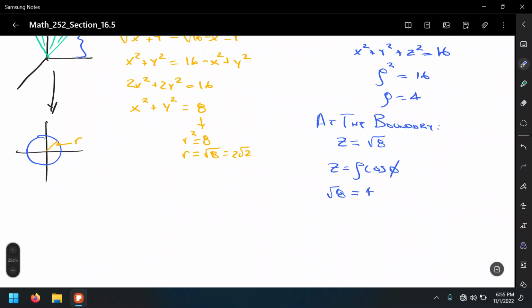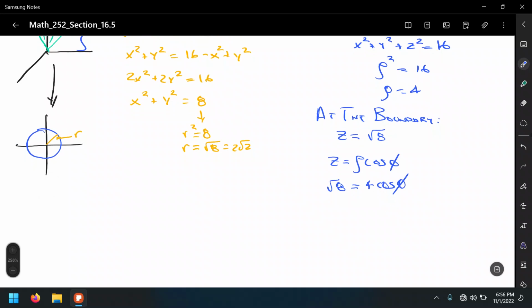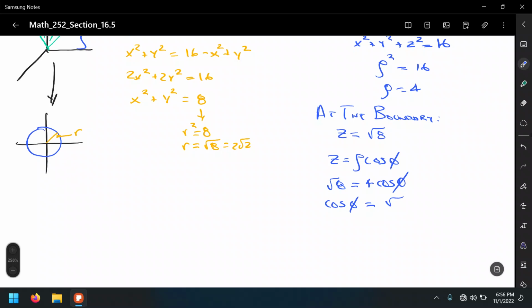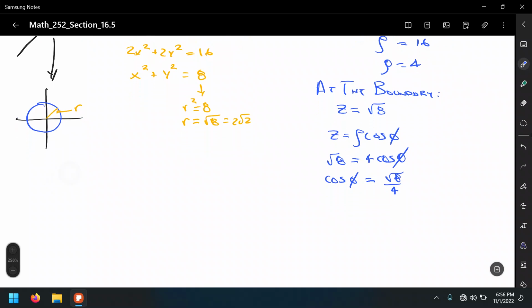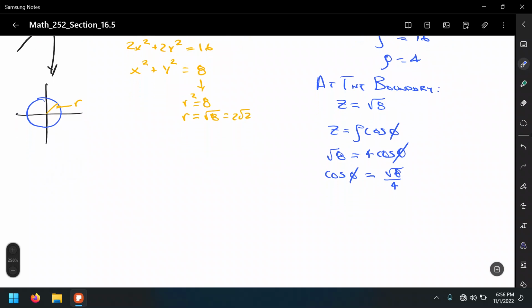So that's 4 cosine phi, and cosine phi equals square root of 8 over 4, which we can simplify very nicely. The square root of 8 is 2 root 2 over 4, so cosine phi equals root 2 over 2.